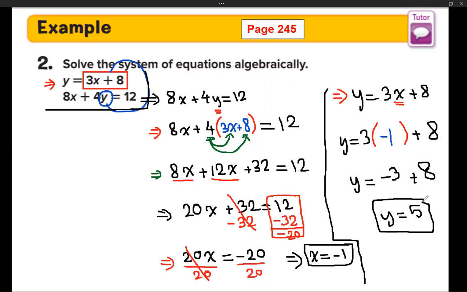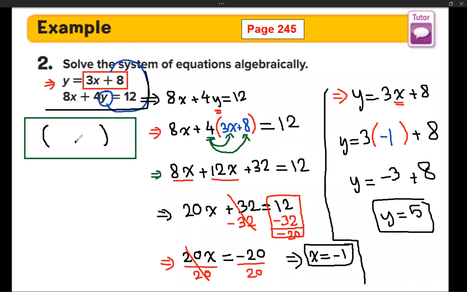So we have just solved this system of equations, and we can represent the final answer in the green box here. We can just write it as a point of intersection between the graphs for these two equations. So if we graph the first equation and then the second equation, the intersection point between them will have the following coordinates.